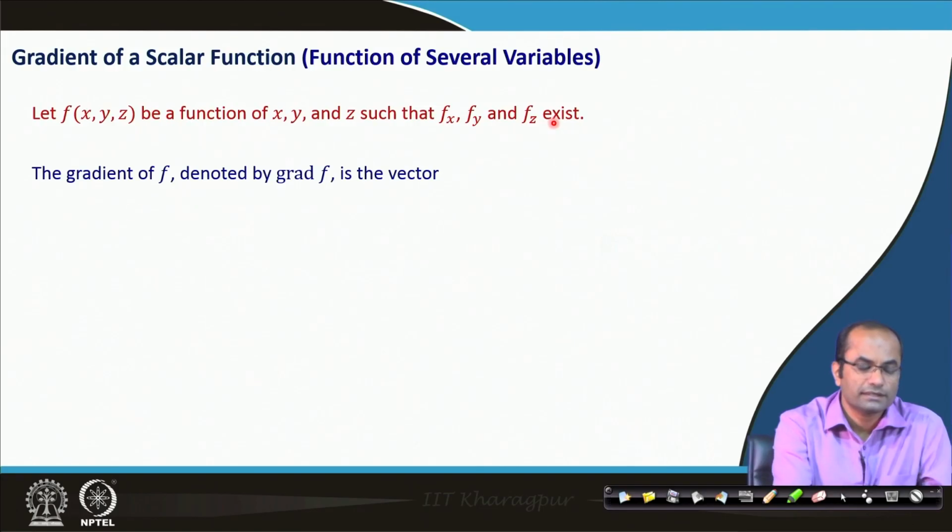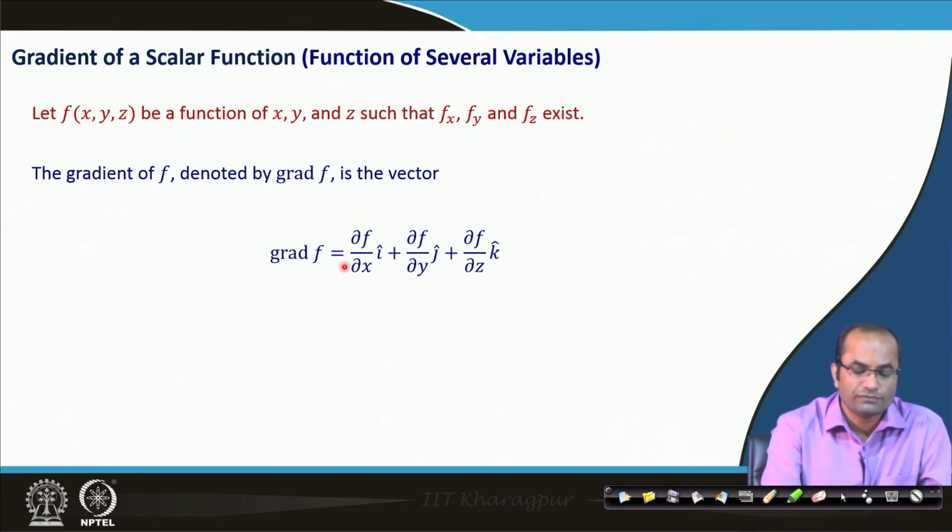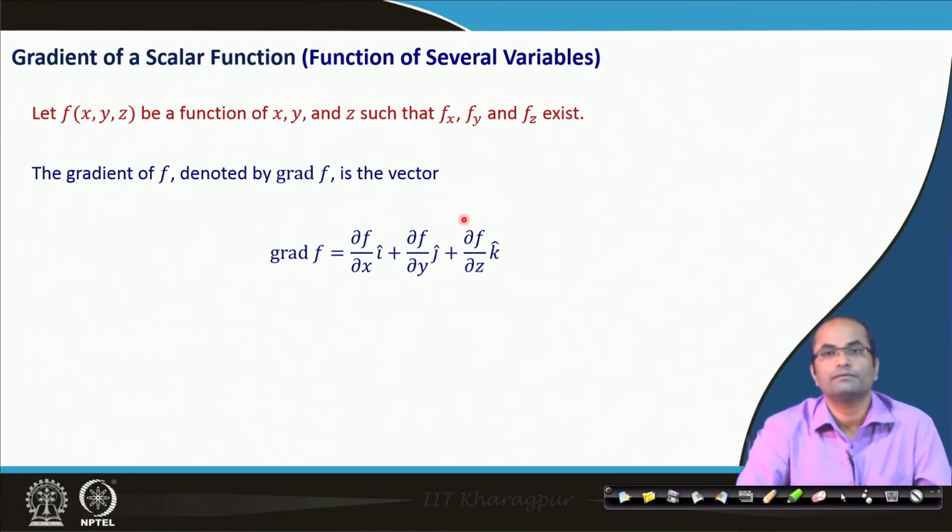In that case, the gradient of f, denoted by grad f, is a vector quantity defined by this expression: the partial derivative with respect to x in the i component, then the partial derivative with respect to y, and then the partial derivative of f in the direction of the z axis.